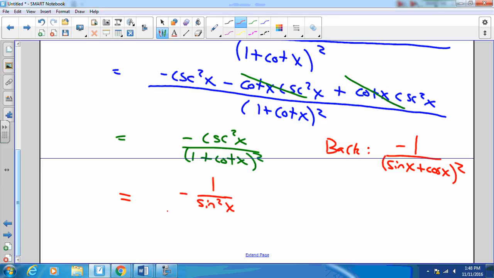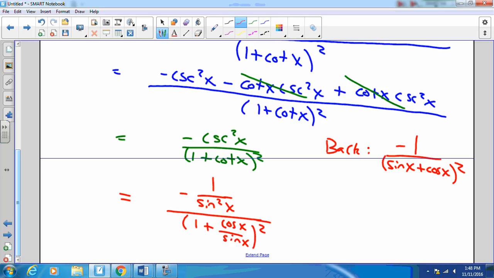No, it's not. Well, times 1 over 1 plus cosine. Probably I want to rewrite that one too. Oh. Then, no. Sine and cosine.